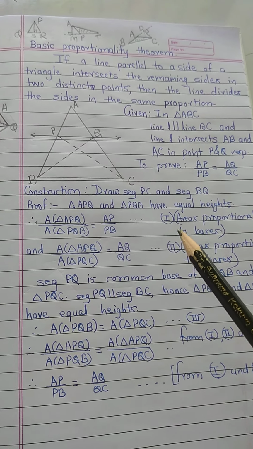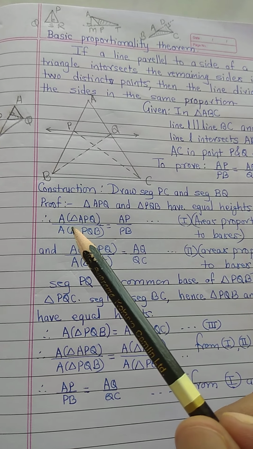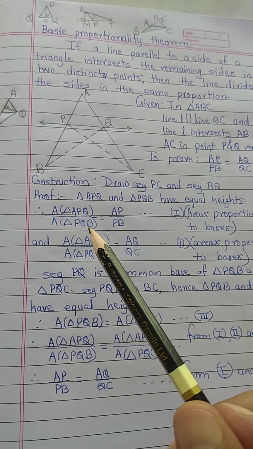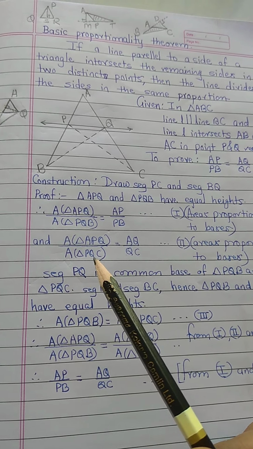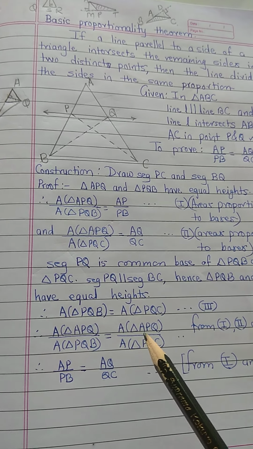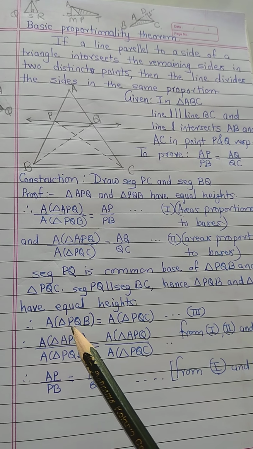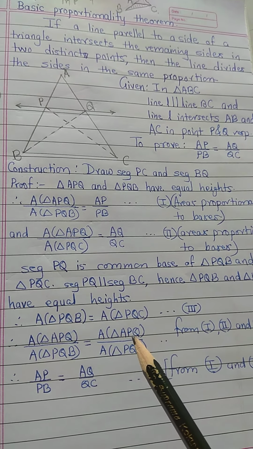Now, from equations 1, 2 and 3, we have area of triangle APQ upon area of triangle PQB equal to area of triangle APQ upon area of triangle PQC, because the numerator is already equal. We have proved that PQB and PQC are also equal. Therefore, these two ratios are equal.